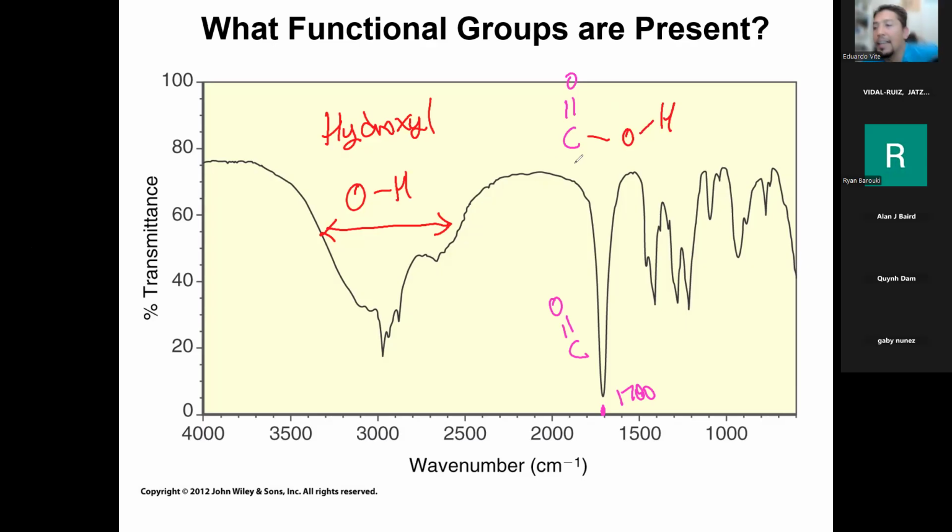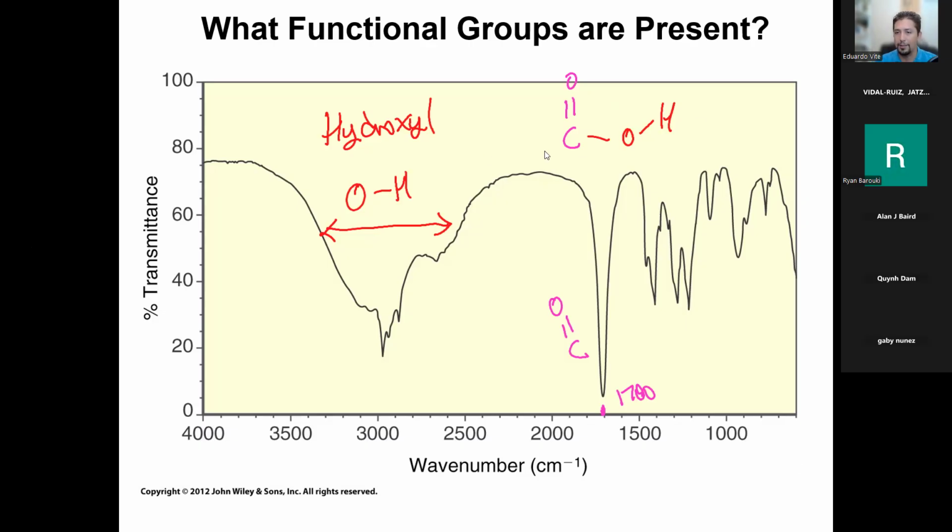Remember, neither of these peaks is a carboxylic acid peak. It's either a carbonyl peak or a hydroxyl peak. So you cannot use the word carboxylic acid to describe any one peak. It is the total analysis that concludes that it is a carboxylic acid. But this has a hydroxyl signal and this has a carbonyl signal. Very specific.